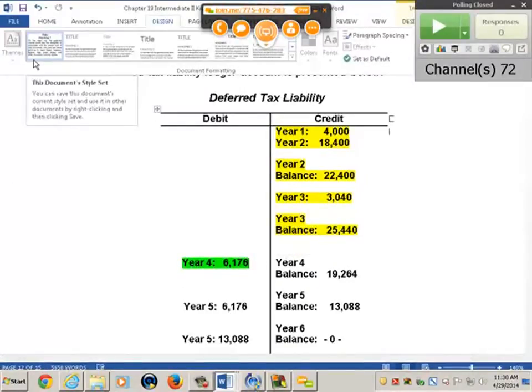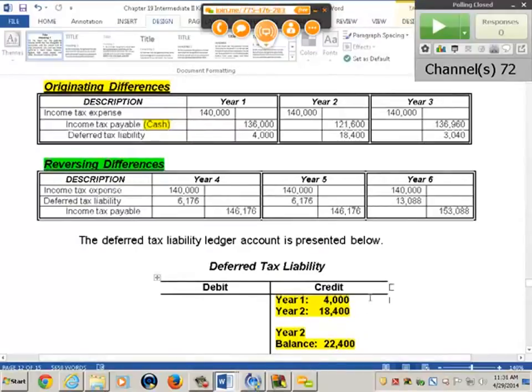The provision is a debit this time. And you notice that when you pay 146,176, you're paying for the expense related to current economic activity, or the 140, and you're also paying off the previously deferred liability. So you do that again in year 5, and in year 6, same thing, but the number goes to 13,088.